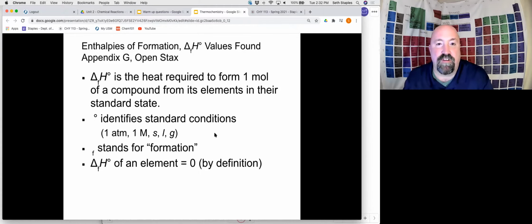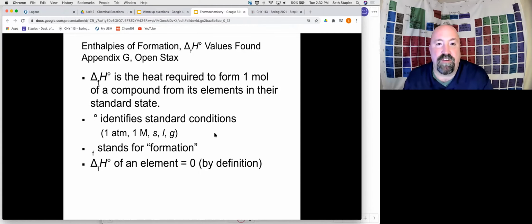And so that's how we use heats of formation in order to find the heat of reaction of a particular reaction. And so here's another example. And so we want to actually, in this case, calculate the standard enthalpy of formation. So we want the enthalpy of formation, in this case, of octane.